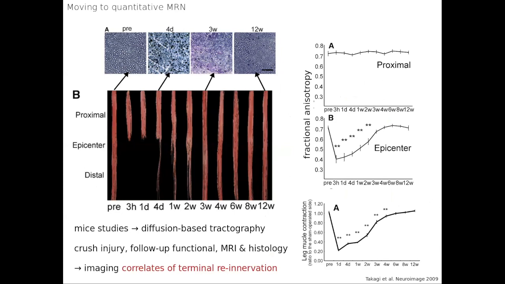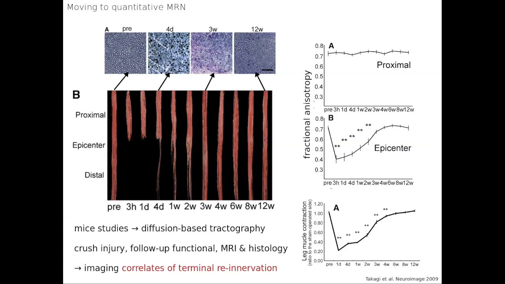So this is quite nice: a preclinical study that was done in mice in 2009, where they used diffusion-based tractography and induced a crush injury in the sciatic nerve of the mouse and had a follow-up with functional MR and histology.